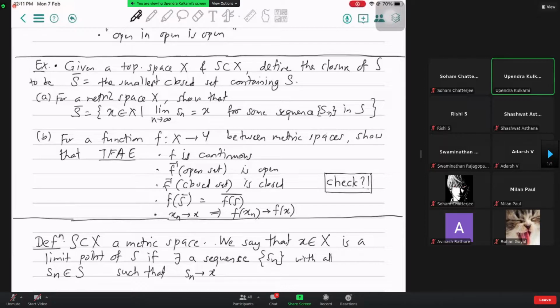So I want all of these points not to be X. So each Sn is different from X.